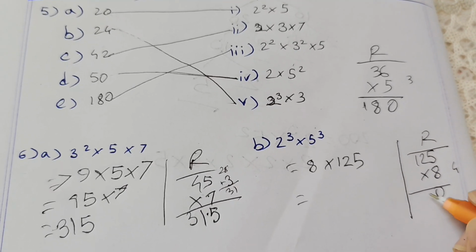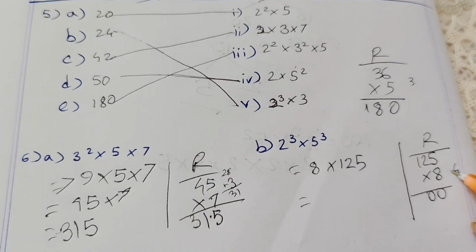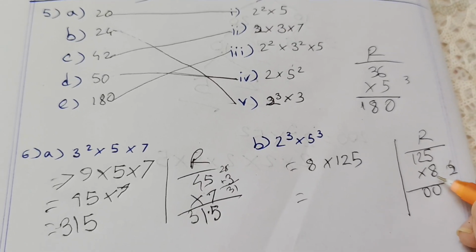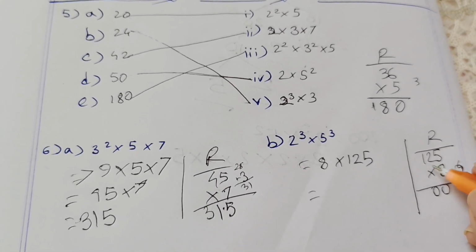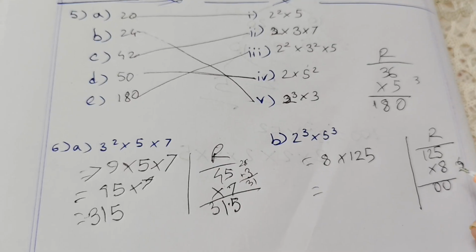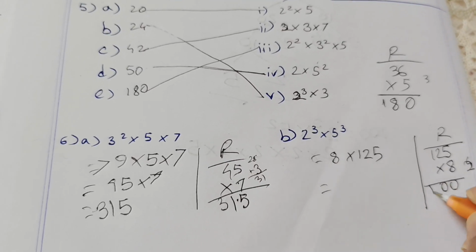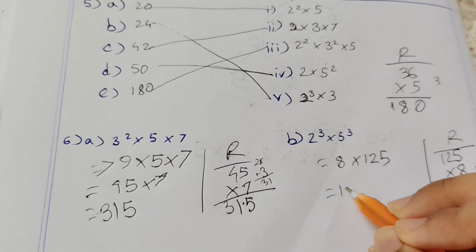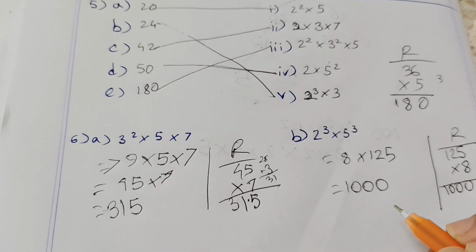Add 4 to it to get 20. Then leave 2. 8 multiplied by 1 is 8 and 8 plus 2 is 10. So our final answer is 1000.